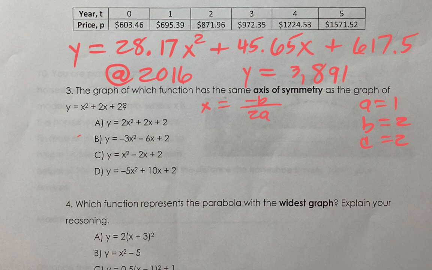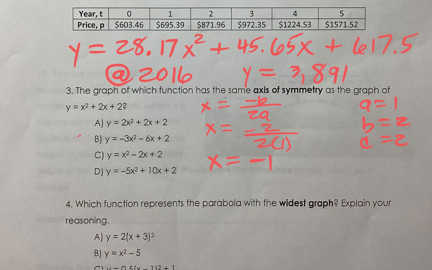I am looking for x equals negative 2 over 2 times 1. That gives us an axis of symmetry of x equals negative 1. Which one of these has x equals negative 1?